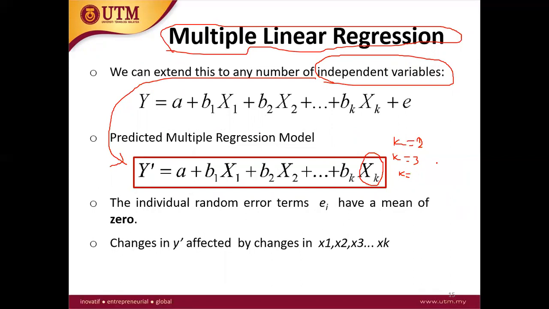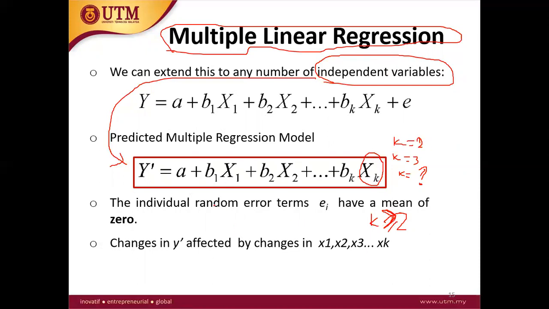So the minimum number of independent variables to conduct the multiple regression model is 2. Means the K must be more than 2.